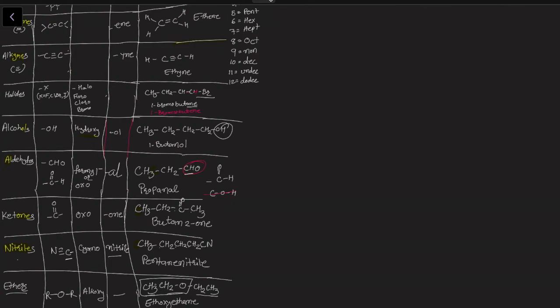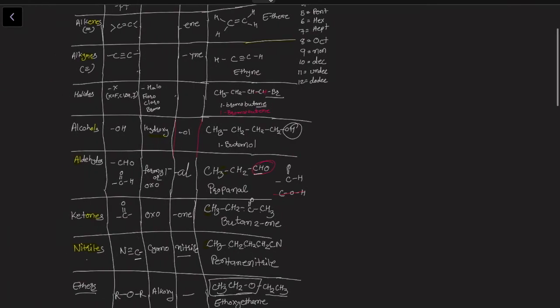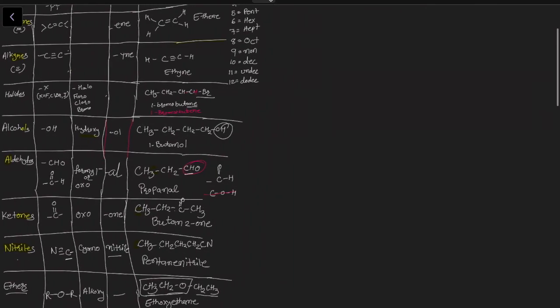Then the next group we learned was alcohol. OH is the functional group, the prefix is hydroxy and the suffix is ol. We can just write any alkane and then put ol next to it, if the OH is attached to it. Then we learned aldehyde.